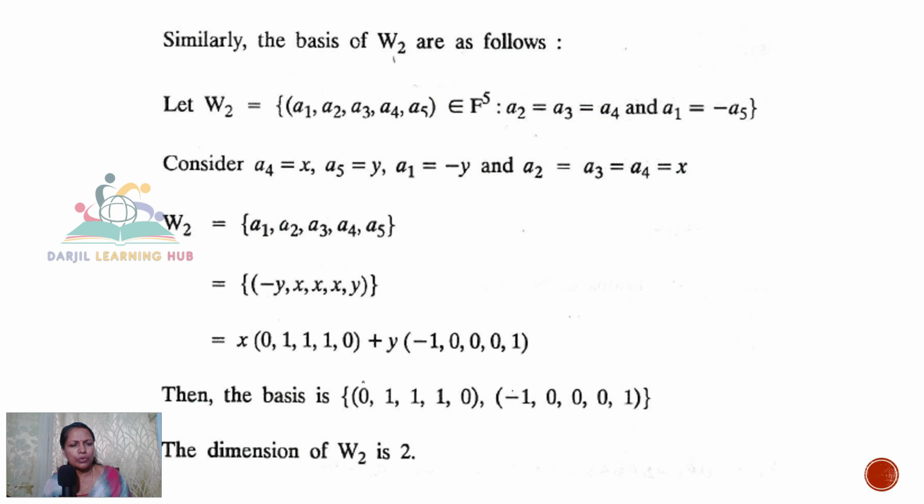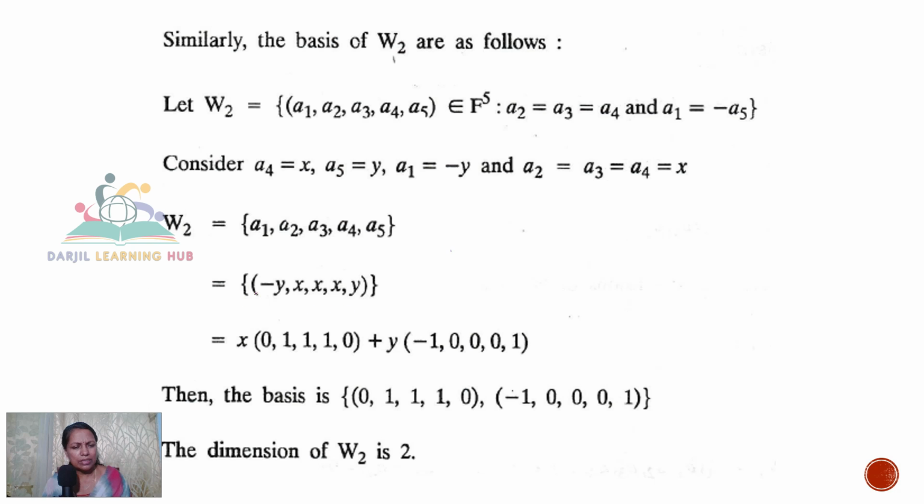Consider a4 as x, a5 as y, a1 as minus y, and a2, a3, a4 as x. So you will be getting W2 as: a1 is minus y, a2 is x, a3 is x, a4 is x, a5 is y.